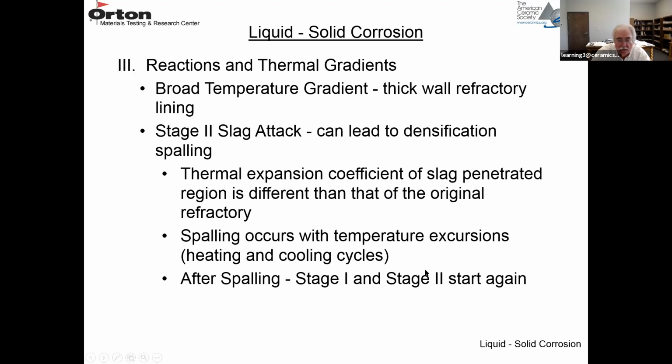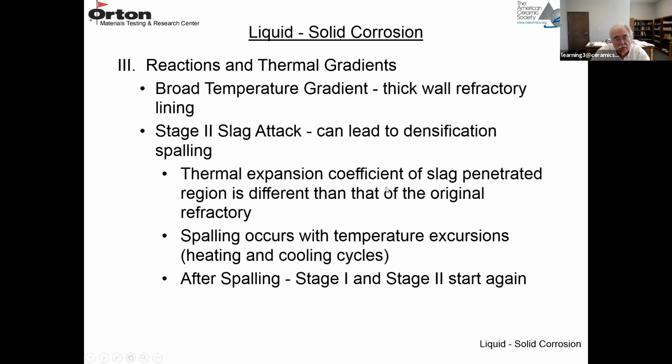If this application is one where there's thermal cycling, where the temperature is cycled from, say, hot to cold conditions, you can thermal shock that layer because of the thermal expansion mismatch. So spalling can occur as the temperature is cycled. You go through these heating and cooling cycles.